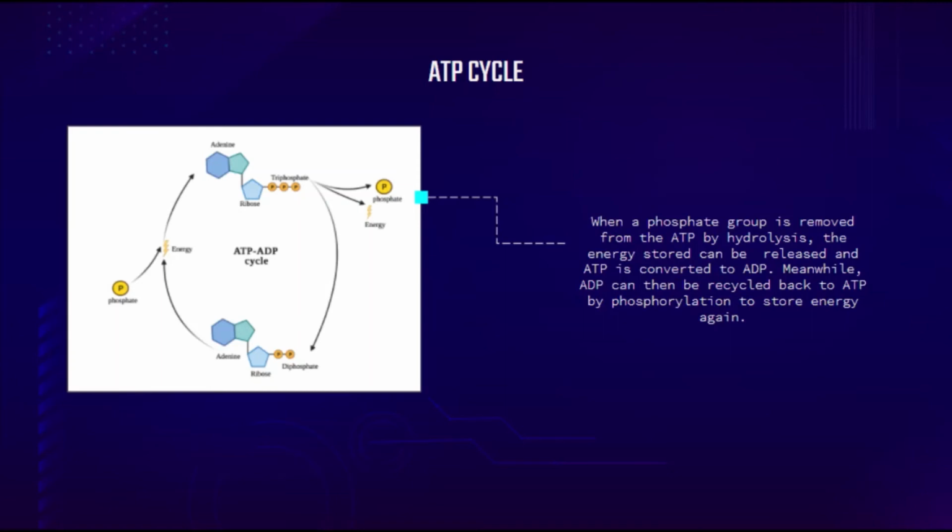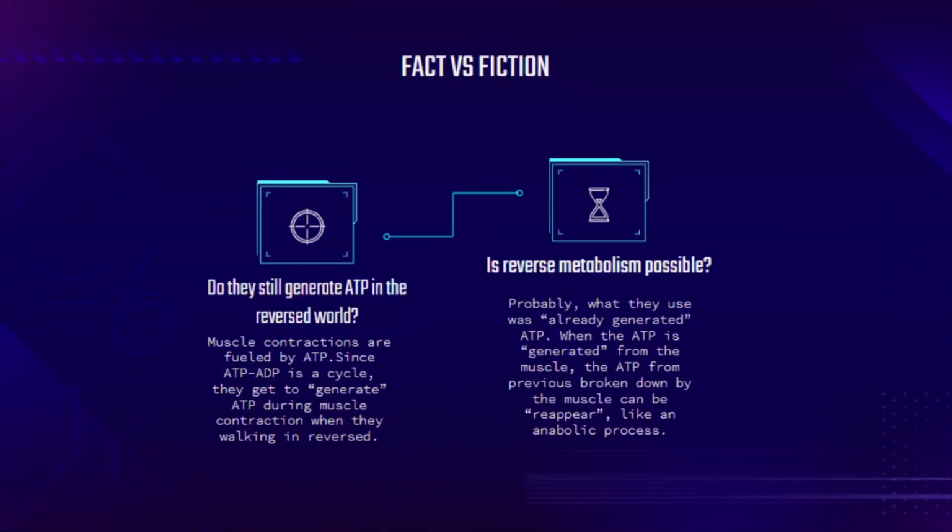So moving on, we talk about the fact versus fiction of the movie. Is it actually possible? Number one, the question is, can the protagonist and everyone that passes through the reverse world actually still generate ATP in the reverse world? To answer this, we can look at the muscle contractions that are fueled by ATP.